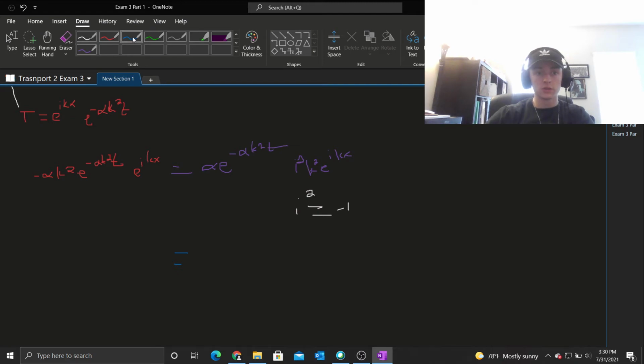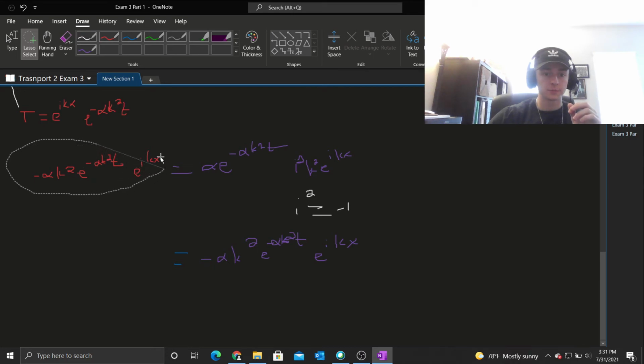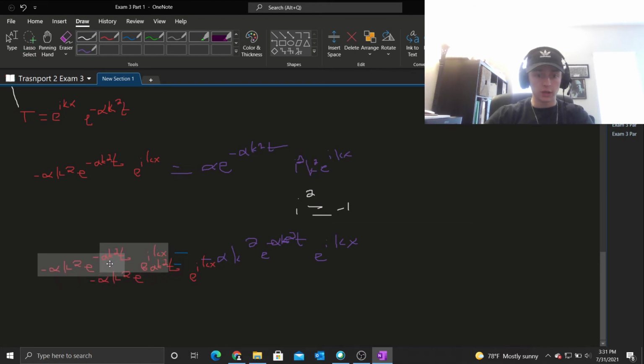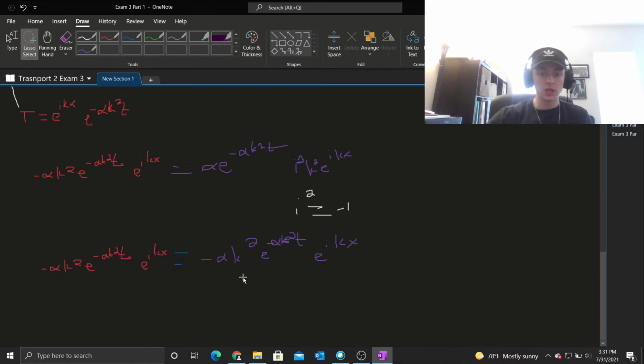So the right side is equal to negative alpha k squared times exponential of negative alpha k squared t times exponential of i k x. If we lasso select the left side and move it down here, we can see that both sides of the equation are equal.